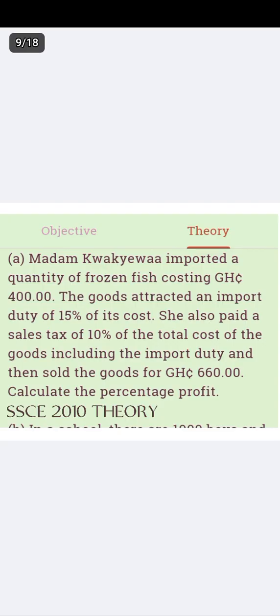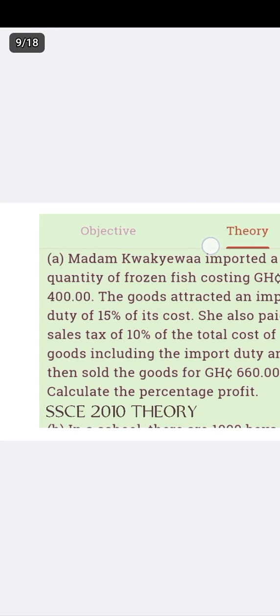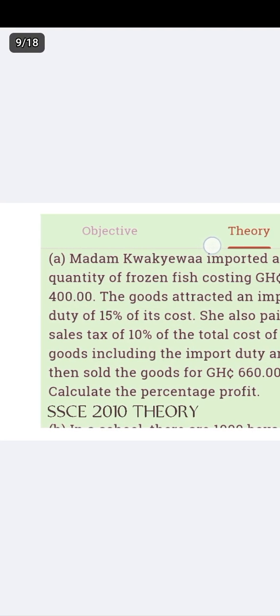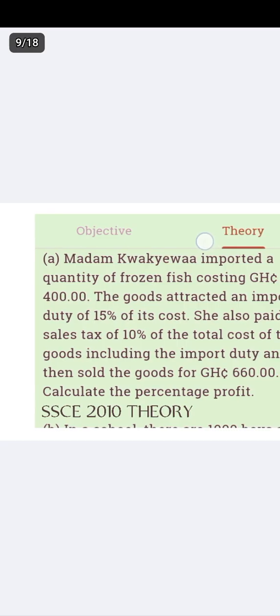The goods attracted an import duty of 15% of its cost. She also paid a sales tax of 10% of the total cost of the goods, including the import duty, and then sold the goods for 660. Calculate the percentage profit.